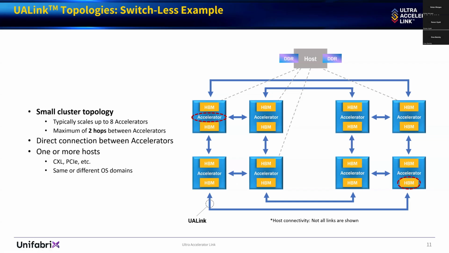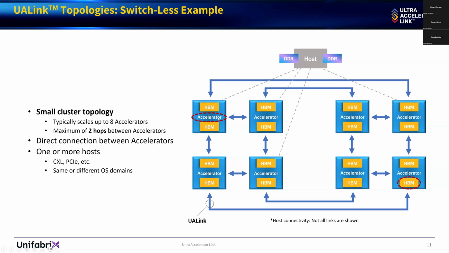Sometimes this type of topology is called a hybrid mesh cube or other variants of this name. We have the 4 accelerators fully connected to each other, and there are other 4 accelerators, and there is a maximum of 2 hops between an accelerator and another accelerator.